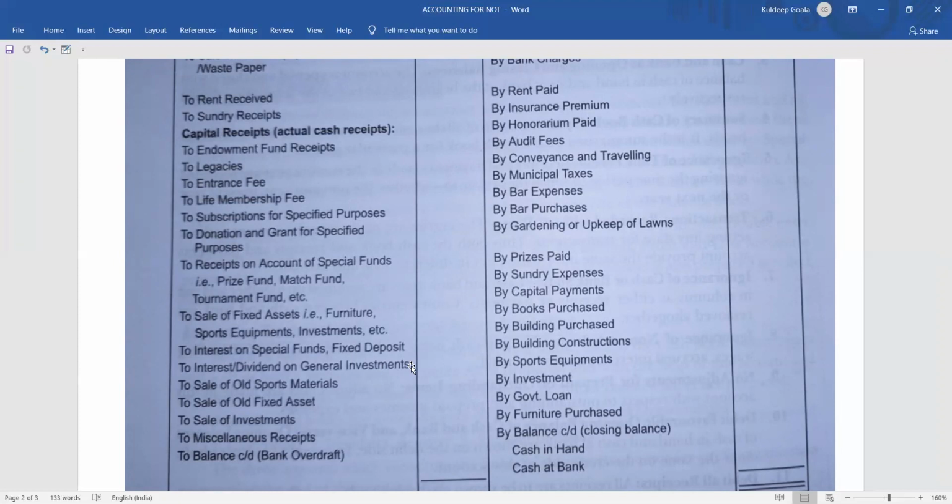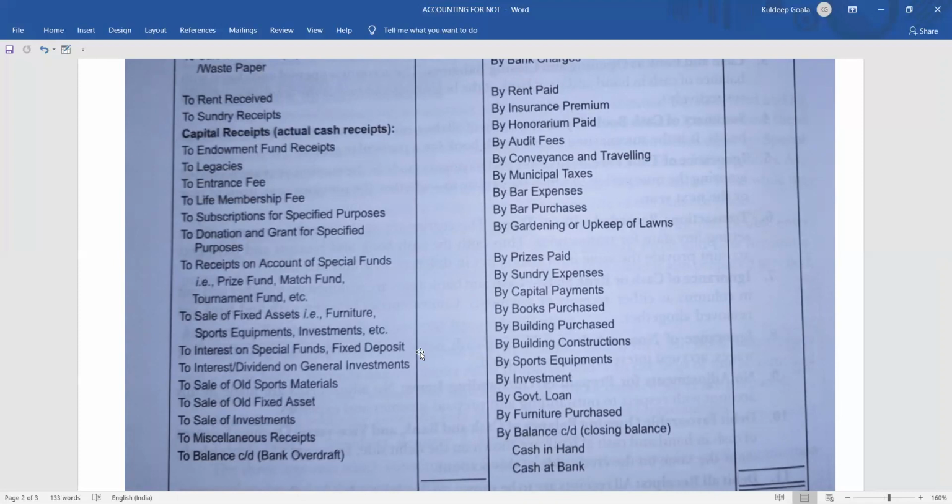The bank is going to provide you a certain amount of interest. Try to understand what I'm saying. The interest that you get on the fund that you have kept in the bank, what is the fund name? Match fund.